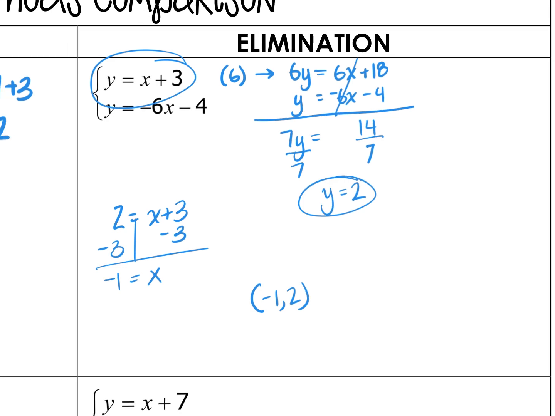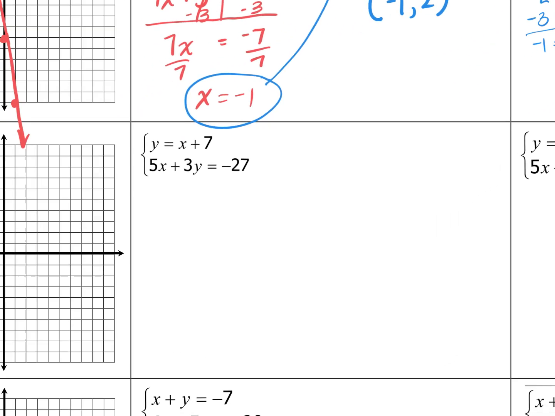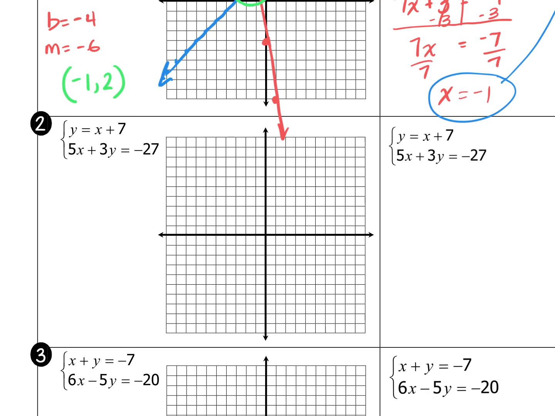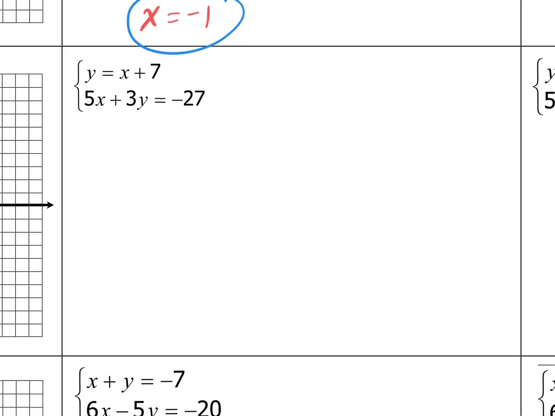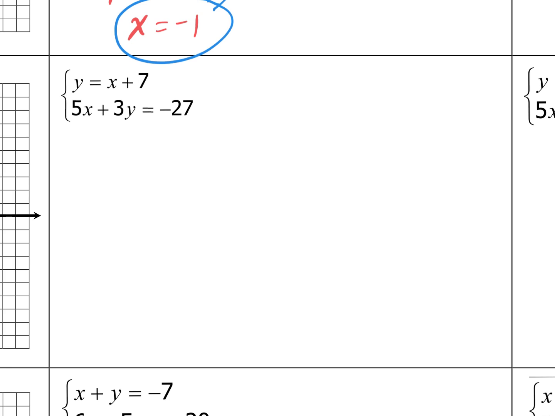All right, so let's look at the next one. When I just look at these equations, the first thing I notice is that the bottom one is not set up in slope-intercept form. So graphing's not going to be my first choice. My first choice, because I do have a variable by itself, is to use substitution. So I'm going to go to the substitution column, and we're going to do substitution first. We're going to do all of them, but I'm just going to tell you why I chose that one first.